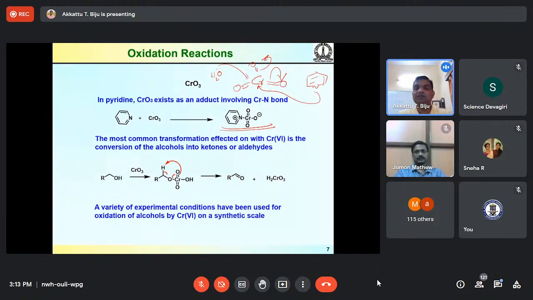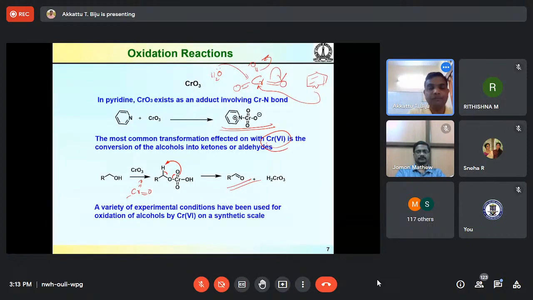And the most common transformation effected by all these chromium 6 reagents is the oxidation of primary alcohol to an aldehyde or a secondary alcohol to the corresponding ketone. So what essentially happens is you have an alcohol and the chromium trioxide.